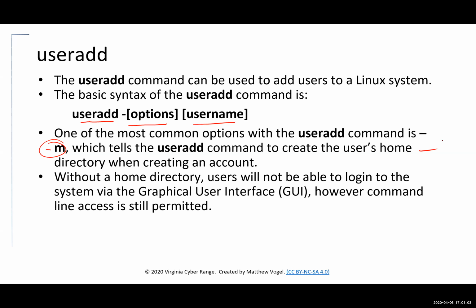And this is important. If you create a user account with useradd and you don't use the -m option to create a user home directory, then the user is not able to log in through the command line interface. For normal users of a Linux system, they're most often going to log in using the command line interface, and without a home directory, they're just not allowed to do that.